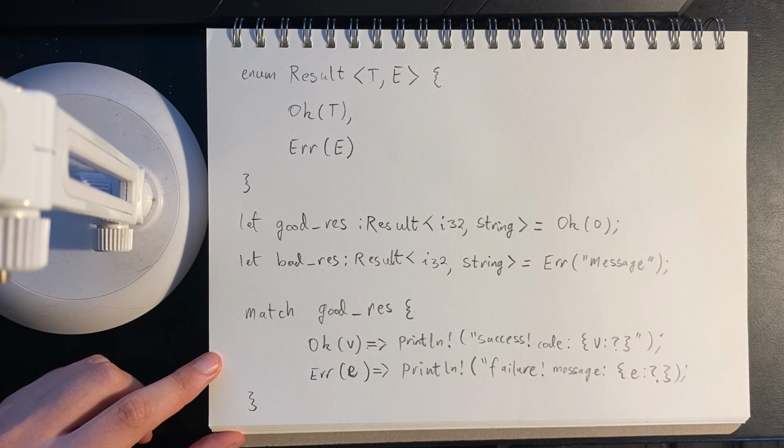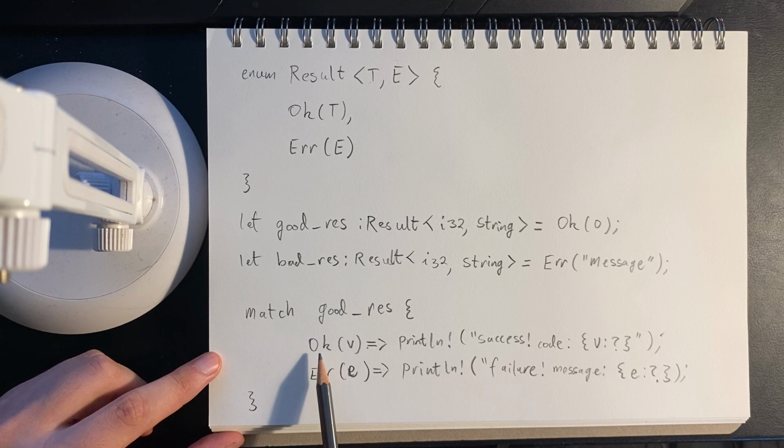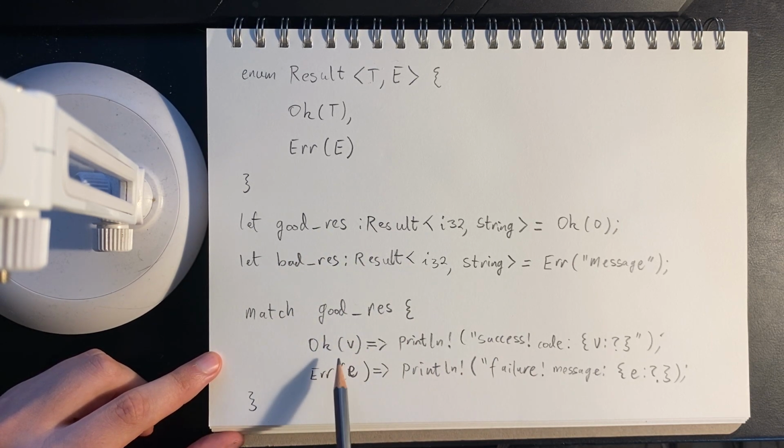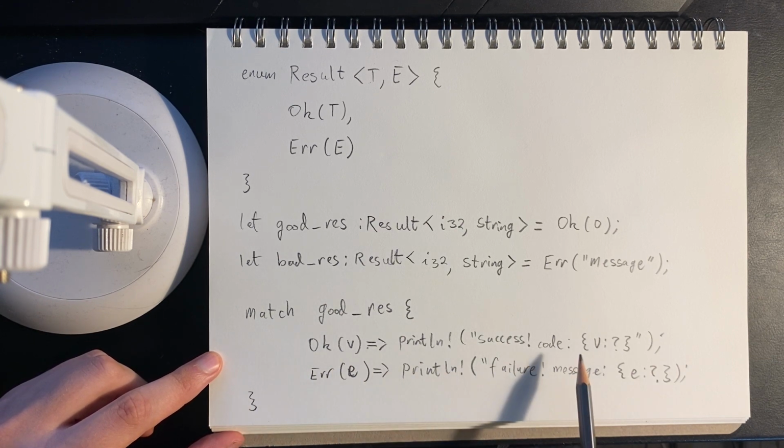This match is pretty much like a Rust version of a switch statement, based on whether the result has an OK value or an error value. They'll typically just have one or the other. What a nightmare it would be if they had both. Based on that, we can act appropriately.